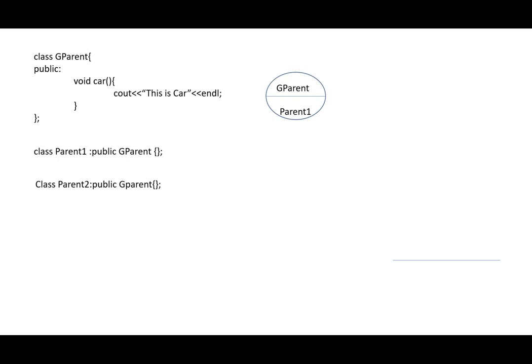Let's consider this round shape is indicating the object, and it has two compartments inside it. The lower compartment represents the parent instance, and the upper compartment represents the grandparent class instance. Similarly, the parent2 object is also going to have two compartments inside it, its own compartment and the base class compartment.